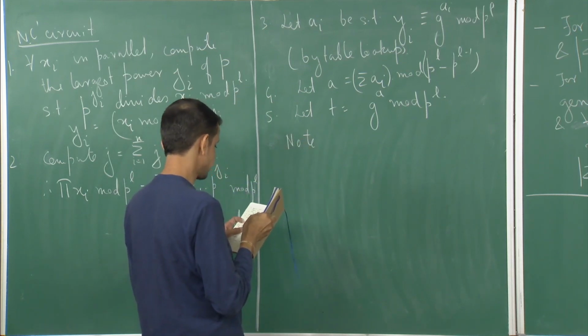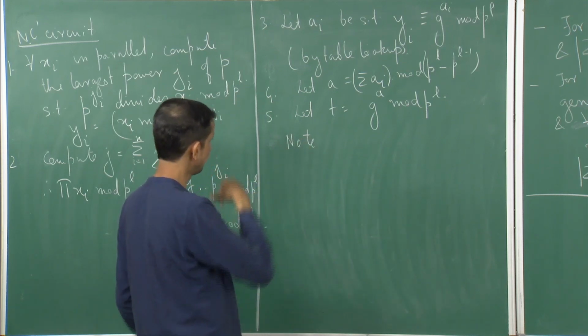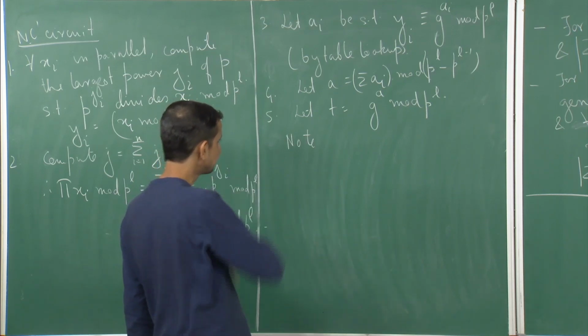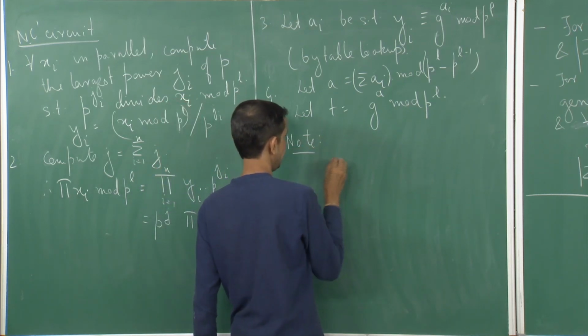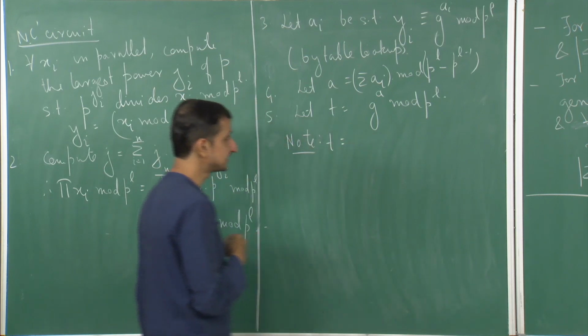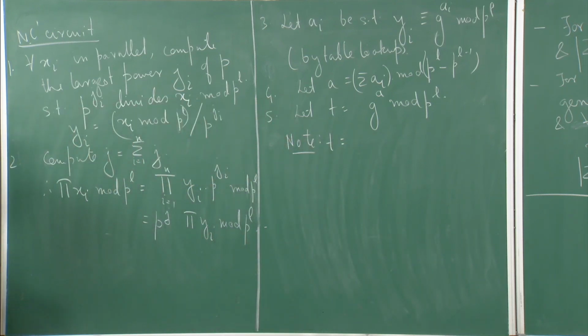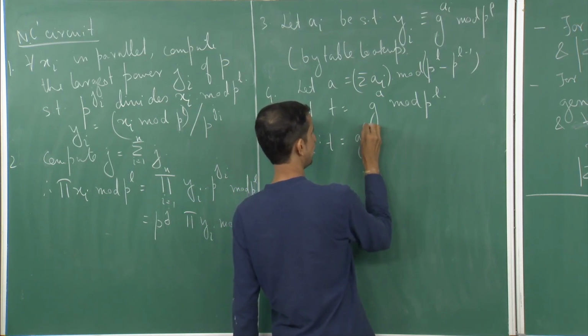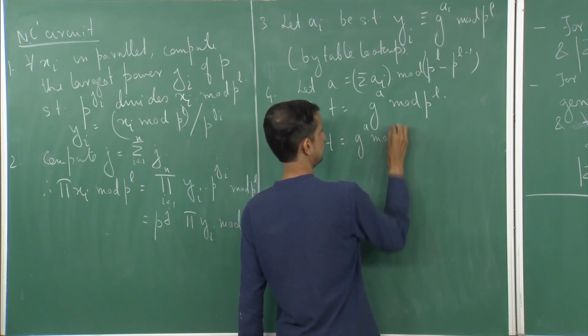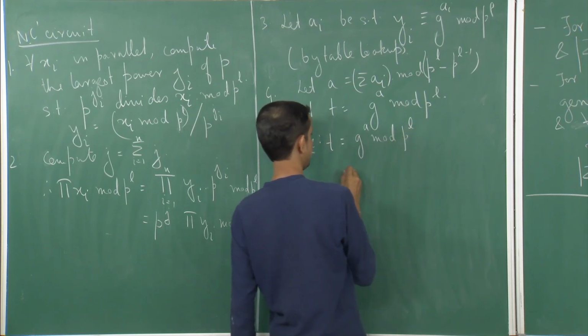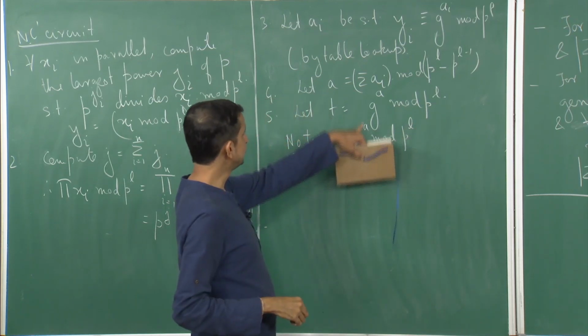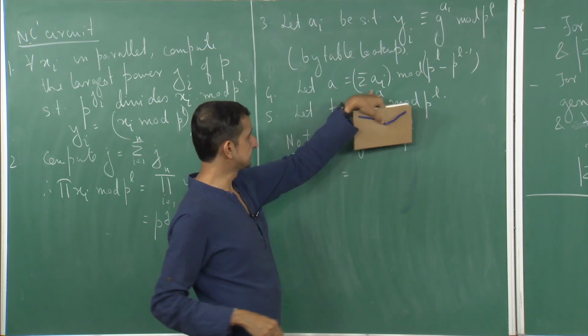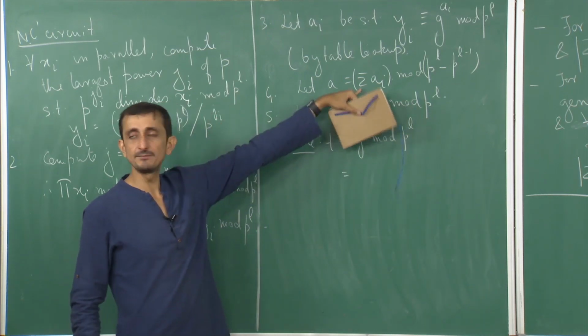Okay. So what do we get here? If we look at t, what is t equal to? Okay, so we have computed t so far. So t is equal to this g to the power a mod p to the power l. What is g to the power a? G to the power a is g to the power sigma ai.